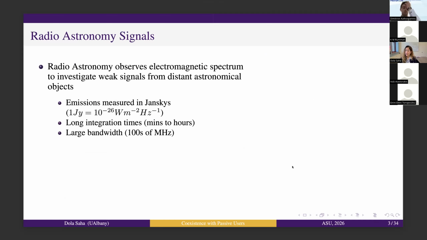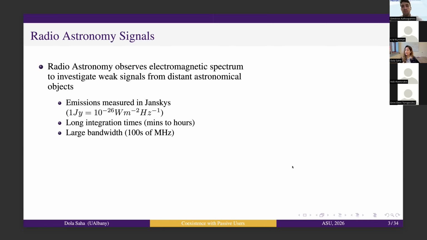Radio astronomy observes signals from very distant astronomical objects, which means that as the signal propagates all the way to Earth, where we are observing from, the signal has attenuated significantly. So if we want to measure a radio astronomy signal using a software-defined radio, a USRP, we won't get anything.